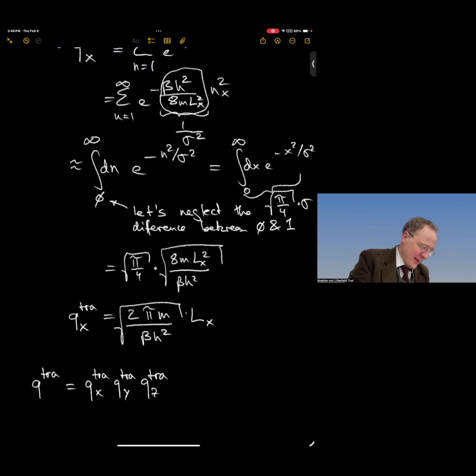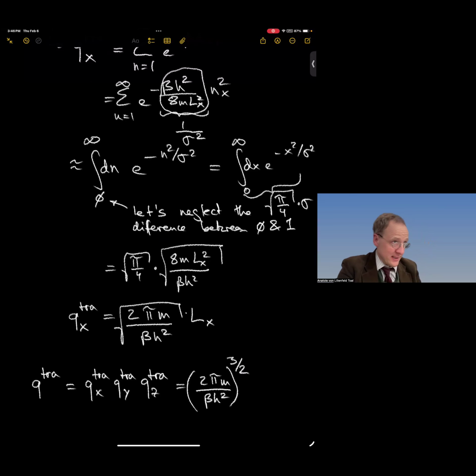And so I simply get the square root 3 times. So in other words, I now have to have 3/2 as an exponent.